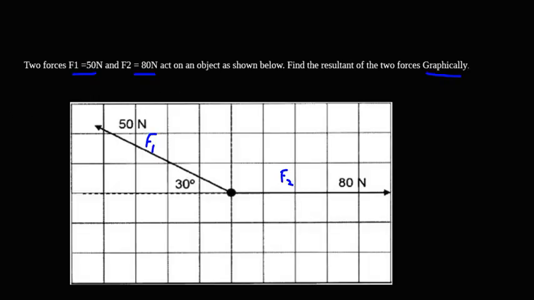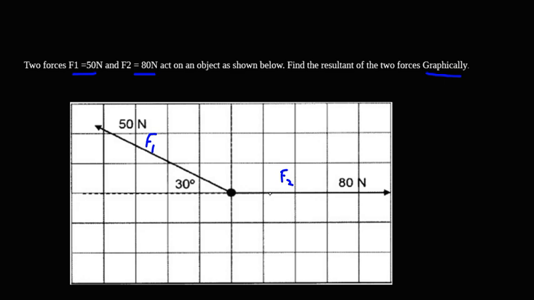Okay, so to complete a parallelogram here, when given two forces that are acting at a point or on an object, we want to complete the parallelogram. That means we are going to draw another line. Think of these two forces as two sides of the parallelogram. We have to draw in the other two sides. So this is F2 equals 80 newtons, one side of the parallelogram.